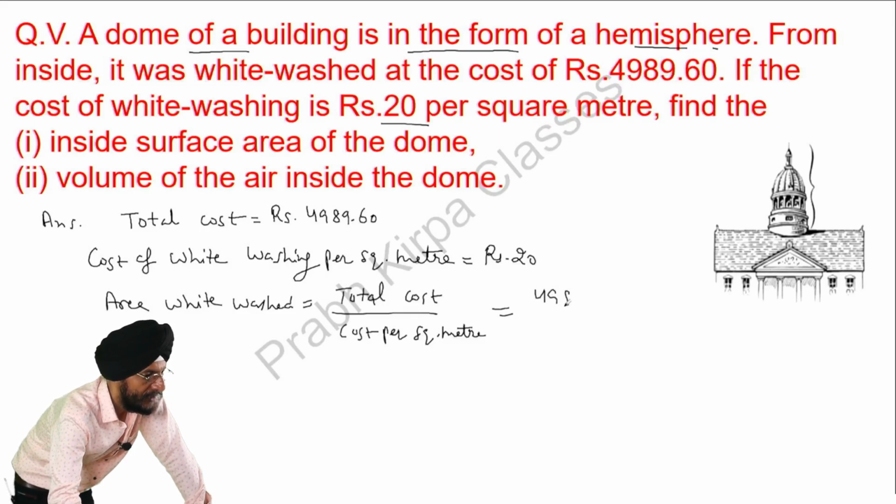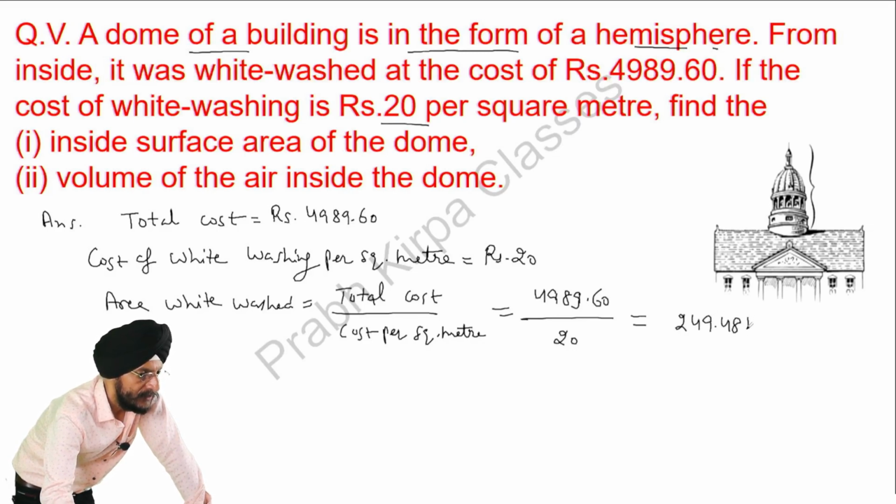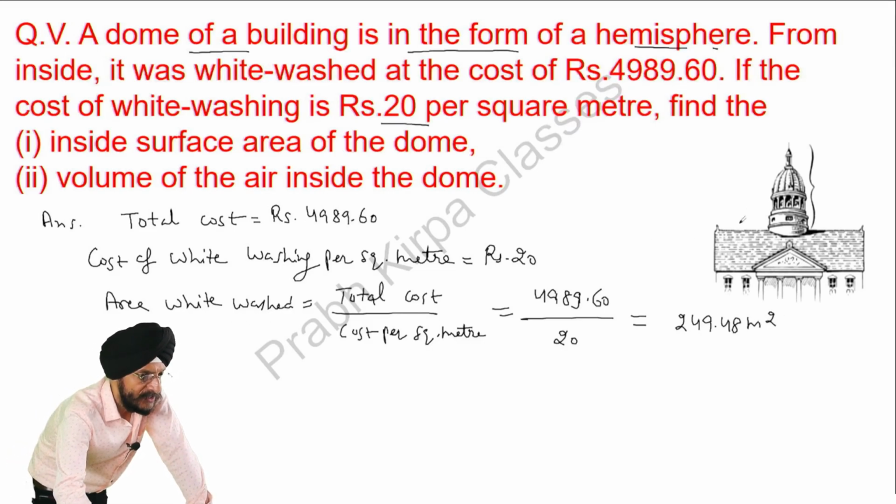So 4989.60 divided by 20. It will become 249.48 square meter. This is the area whitewashed.